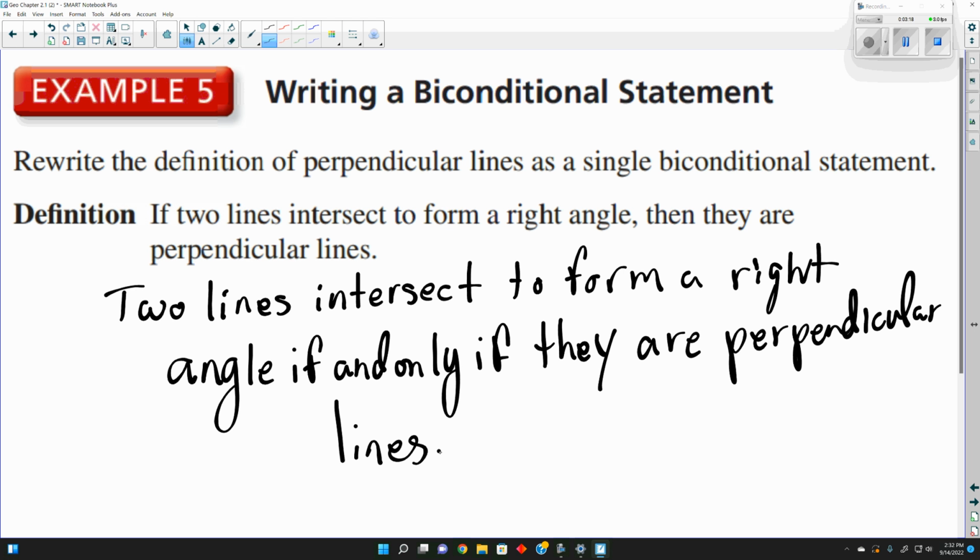Because we can write this as a biconditional statement, we take the if and then out and stick if and only if in the middle. And that's it. Questions on this? So we literally just tear it in half and then stick the if and only if in the middle.